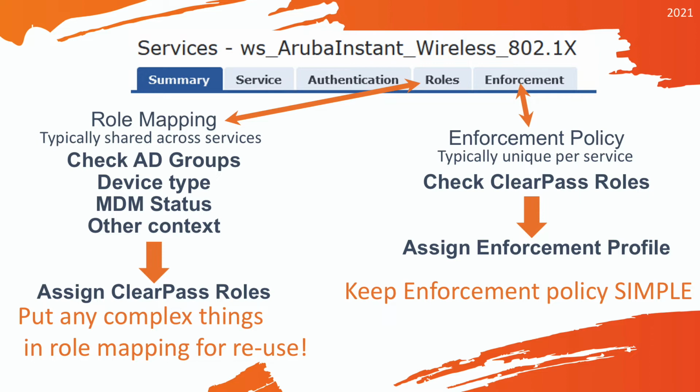And then in the enforcement, you just check if that tag or role is applied and return the correct enforcement profile. This will be handy at least if you have multiple services, for example for wired and wireless, because the enforcement might be different, but the role determination, who is in what group and should be applied what role on the network, that will be the same across all the platforms.